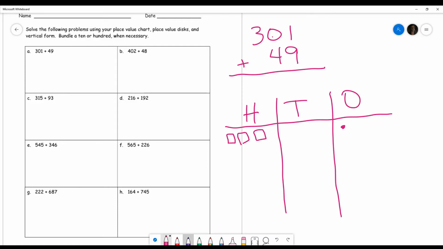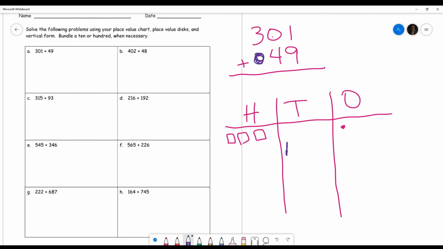Now I'm going to change my pen color, and I'm going to put the second number into my place value chart. So I look at the 100 spot. Nope, there's nothing here. There's a 0. Now I'm going to look at the tens. I have 4 tens. So I'm going to represent each 10 as a straight line.